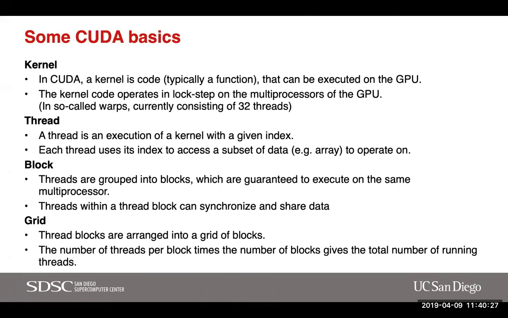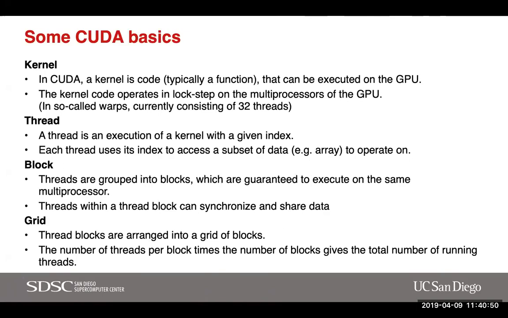So common terms that we hear about is a kernel. In CUDA, a kernel is code, typically a function that can be executed on the GPU, and the kernel code operates in lockstep on the multiprocessors of the GPU. These are executed and operate in parallel in so-called warps that currently consist of 32 threads.